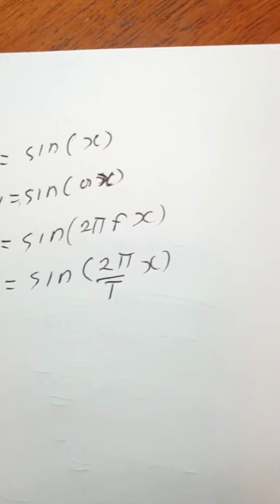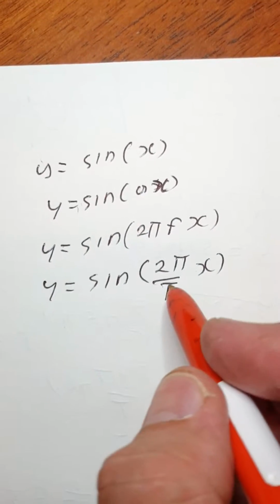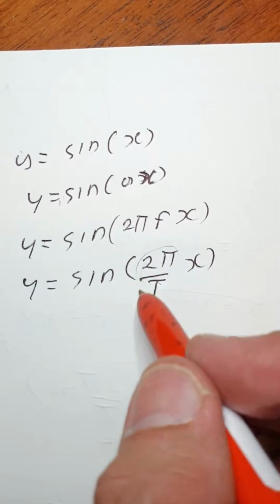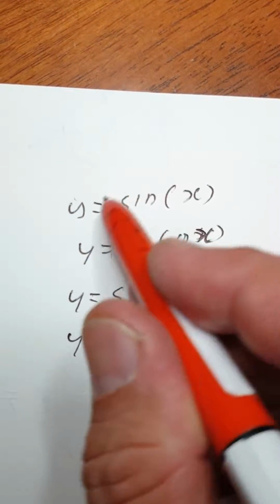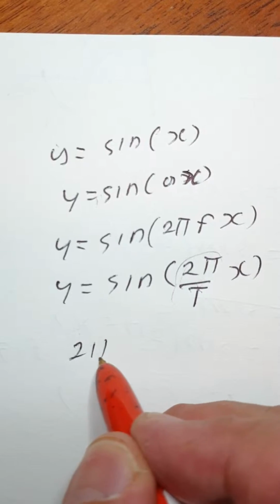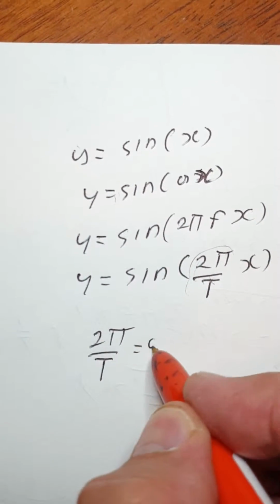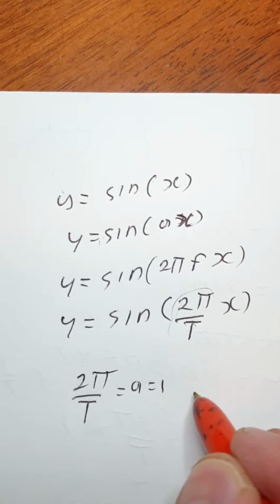Have a look at that for a second. So in the case of this part here being equal to 1, let's have a look at it. 2 pi on T equals a, which in our case equals 1.